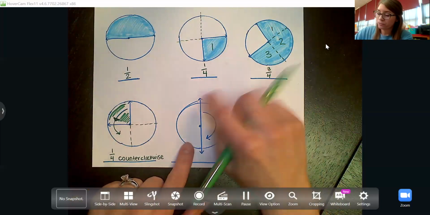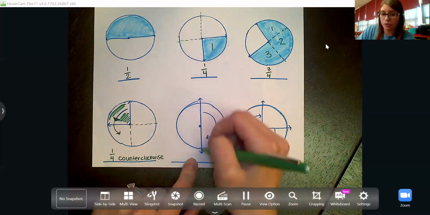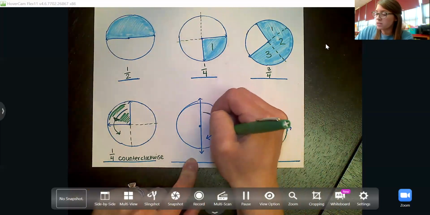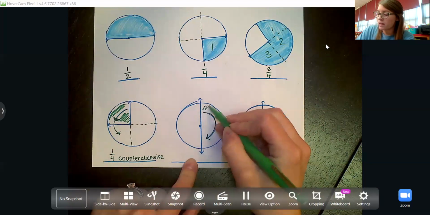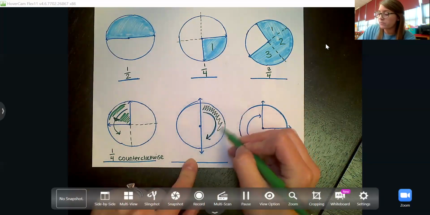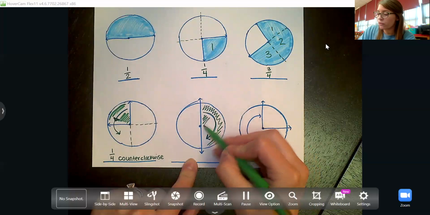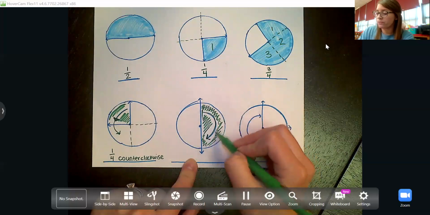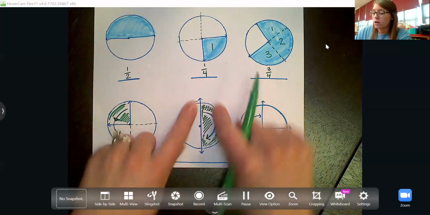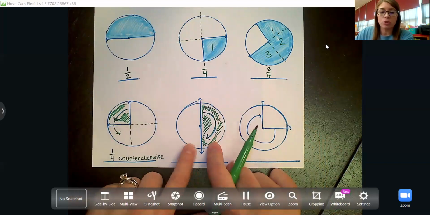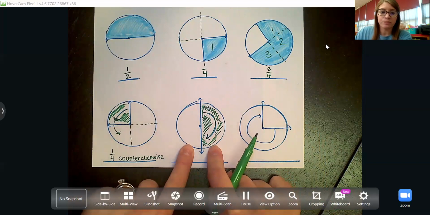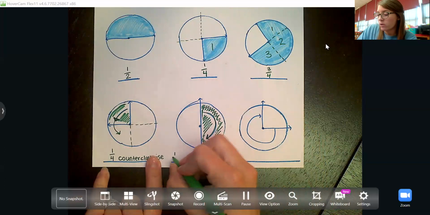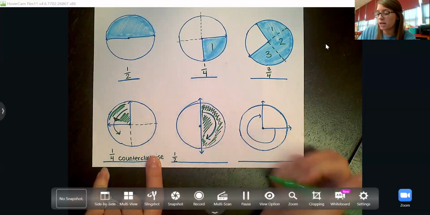All right, let's look at this one. We've got a line drawn down the middle through the whole circle. And we've got our arrow on this side over here, which means this is the side that we are looking at to determine the fraction of the circle that the turn is going through. So what fraction would we use to describe this turn? Very good. 1/2 is correct. 1 out of 2 sides are shaded in.